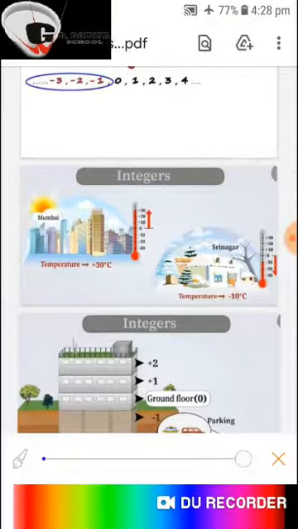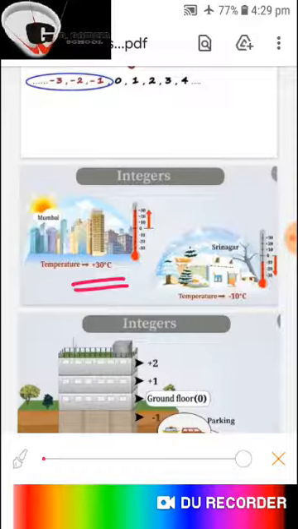We know that the temperature of Mumbai during summers is above 30 degrees Celsius. In other words, it's above 0 degrees Celsius, and we usually represent it with a positive sign before a number.